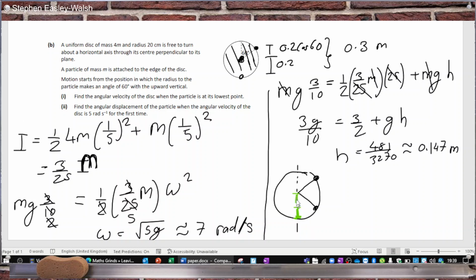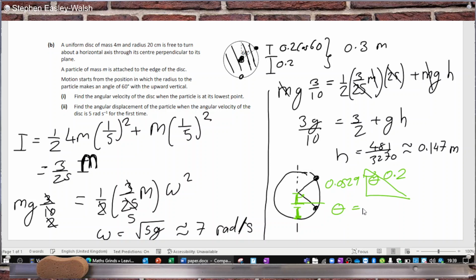So what would be this length? So if I just draw the triangle, I want this angle here. That length would be 0.2 minus that number. So that is 0.0529, and this is 0.2. So we'll call that theta.